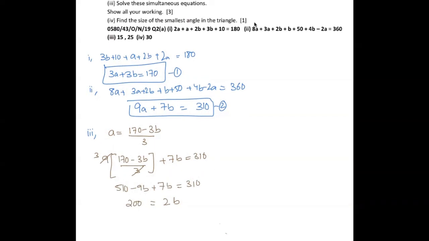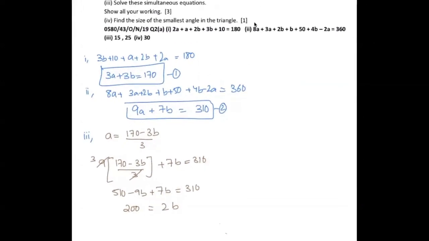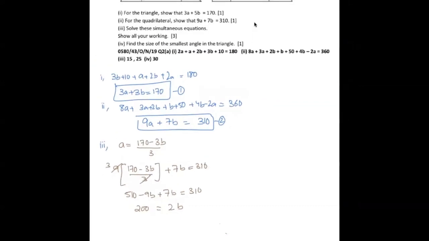Minus 9b plus 7b is negative 2b. Yeah, so what's your answer coming, Omar? No, I'm saying, can you repeat the question, the third part? I cannot hear you. Can you repeat the third part? Yeah, the part we did right now.